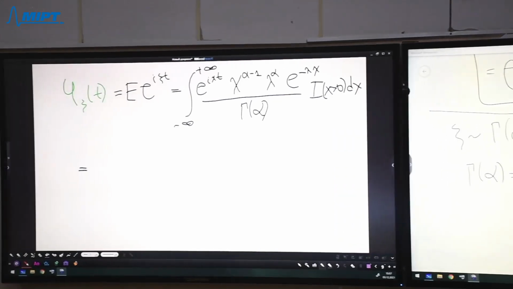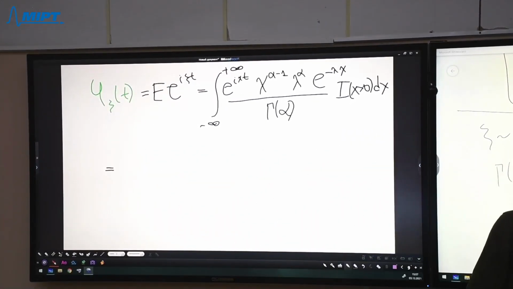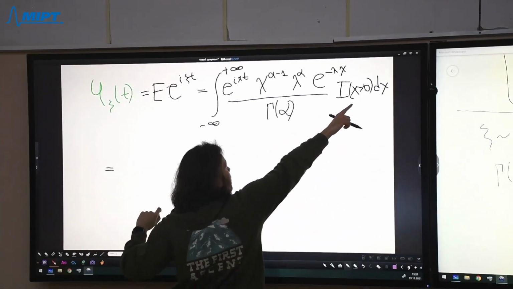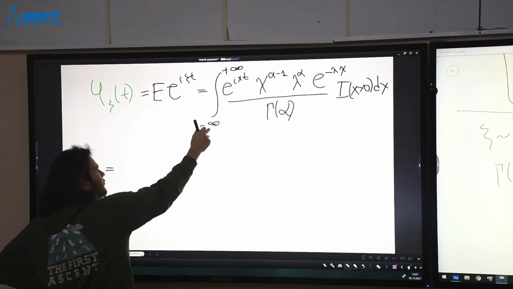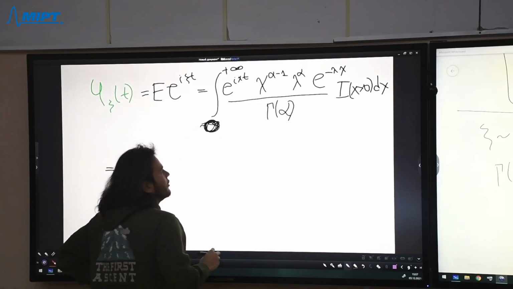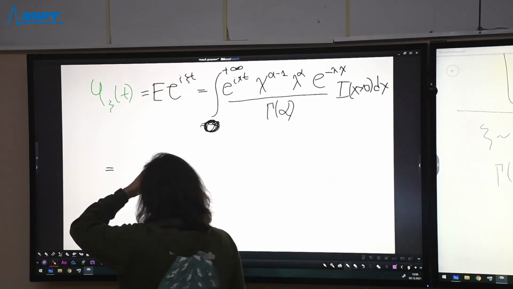We can see that this is 0 if x is less than or equal to 0, so we take the integral from 0. And that's it.